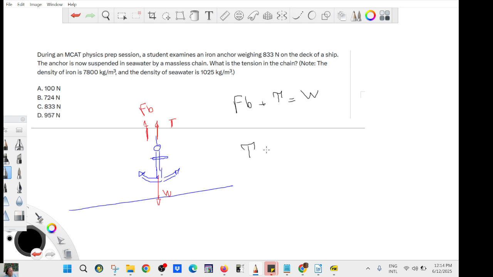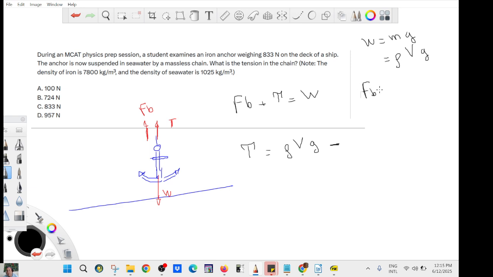So the tension will be equal to the weight, and the weight is mass times G, and they are giving you the density, which is the density times the volume times G. So it's going to be rho, the density of the anchor, times the volume times G, minus the buoyant force.